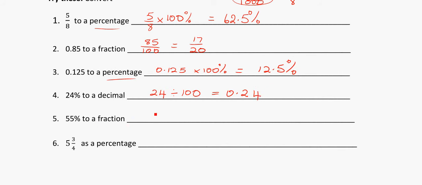Percentage to a fraction, 55% is 55 over 100, because percent means divide by 100. 55 divided by 100, and simplify that, and you get 11/20.